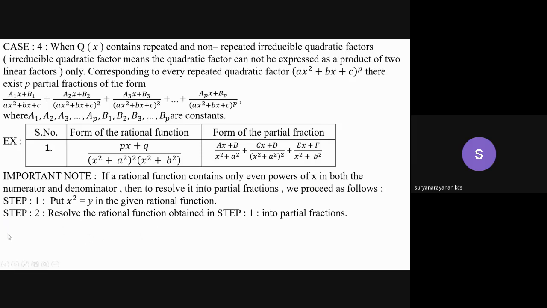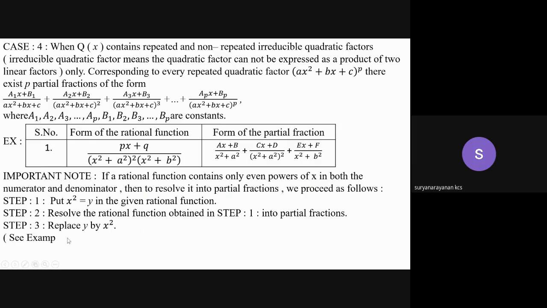That is step 2. Next, step 3. After resolving the rational function into partial fractions, we replace y by x square.